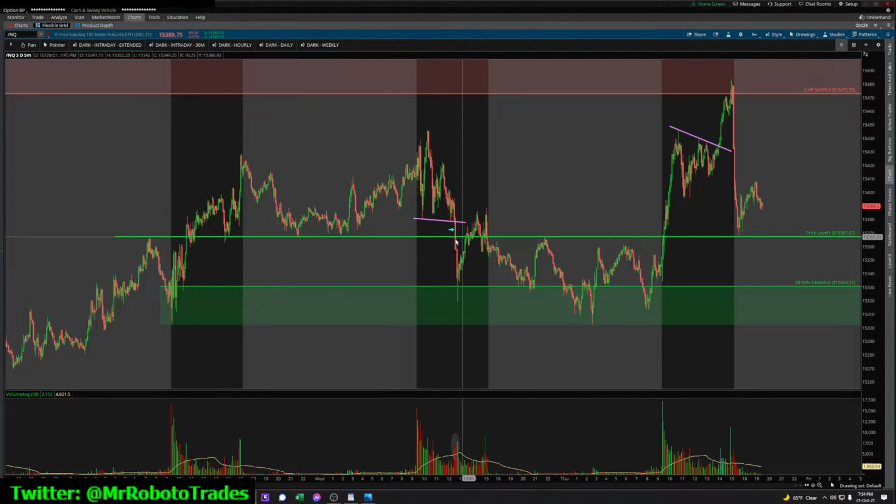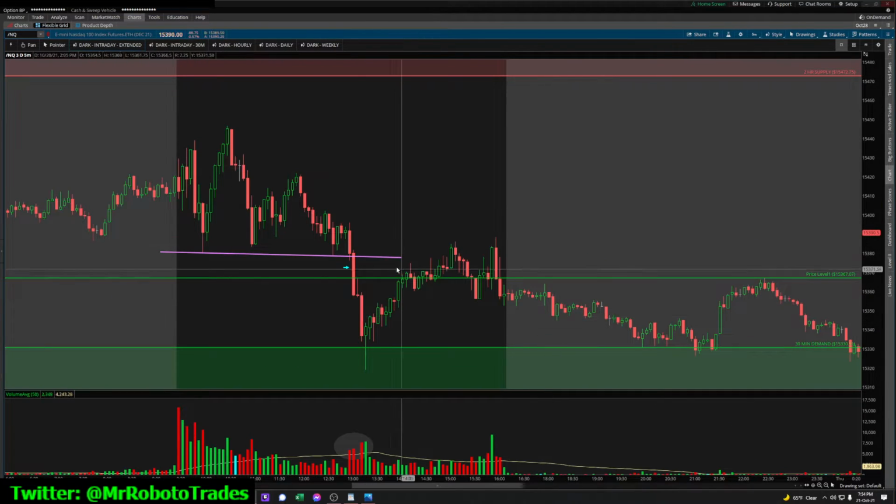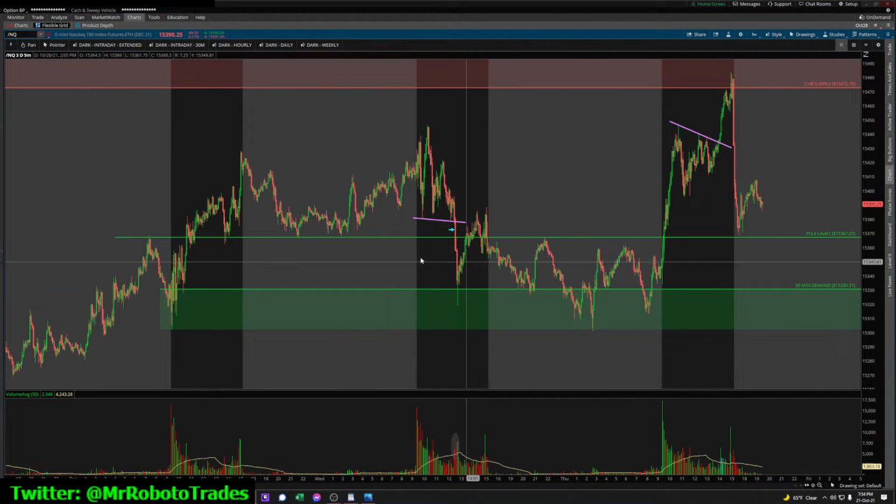That's exactly what we ended up doing. I took 0 DTEs right here, and we brought it all the way down. Just because you have all of those ingredients doesn't mean you take the trade. The second thing you have to do is see what the reward is.